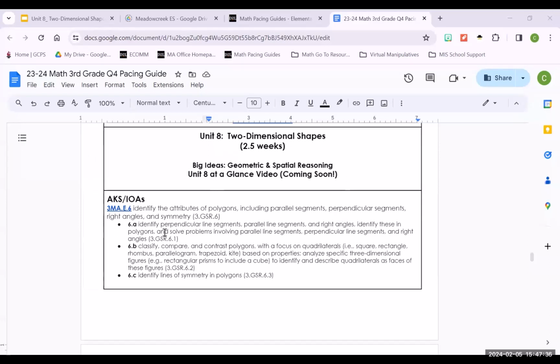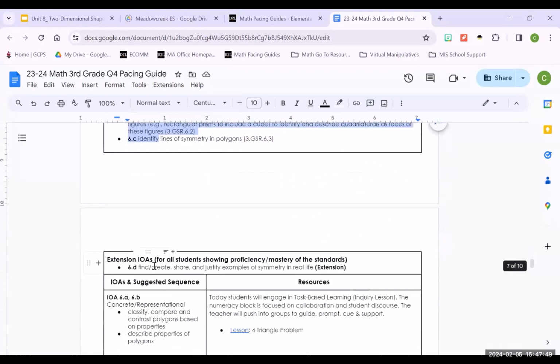In the box below that, you will find the AKS and IOAs we discussed in Chapter 1. The AKS is here, and the IOAs that support that AKS are here, that also include the extension IOA here.